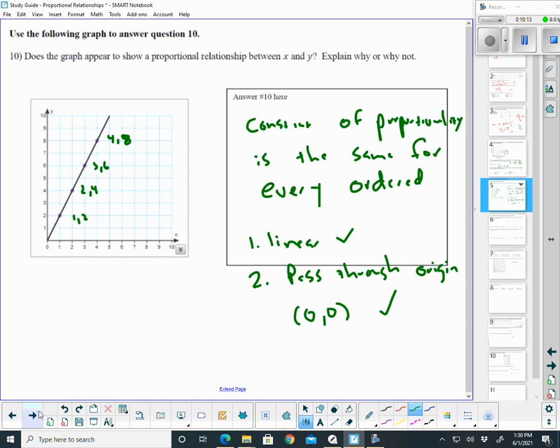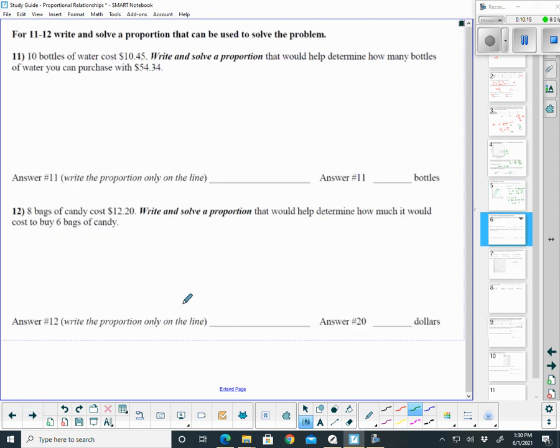Moving onward, number 11. 10 bottles of water cost $10.45. Write and solve a proportion that would help determine how many bottles of water you can purchase with $54.34. So for number 11, we're asked to write the proportion only on the line, and the second part we are answering the question. So we are comparing bottles of water to the amount of money it costs in dollars.